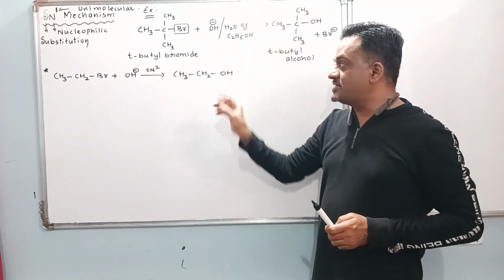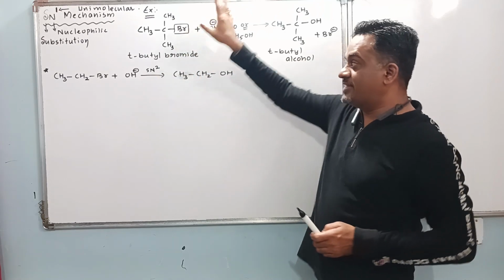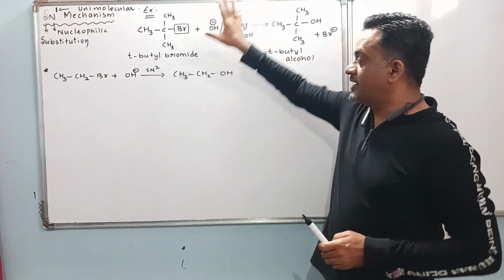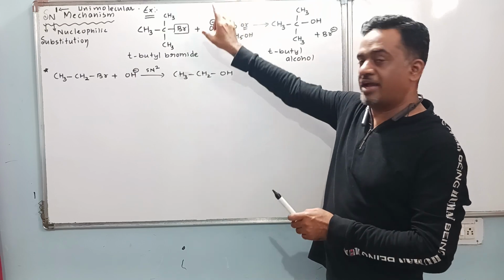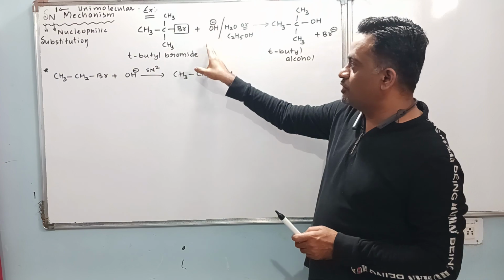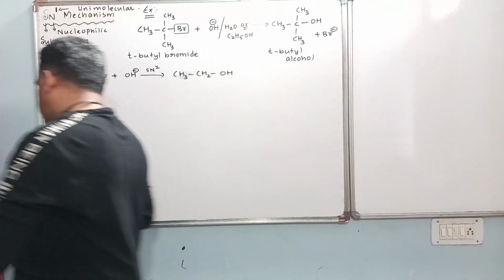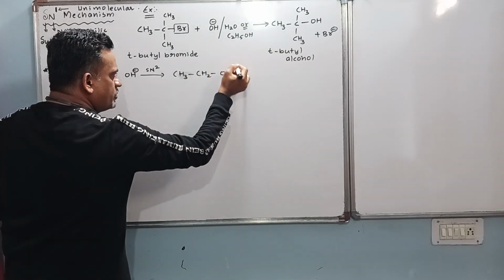So that clearly means that this reaction is not going to follow the Sn2 mechanism. Had this been following the Sn2 mechanism, the reaction would be very slow, but this reaction is taking place extremely faster than this. So therefore, this is going to follow another mechanism than this.